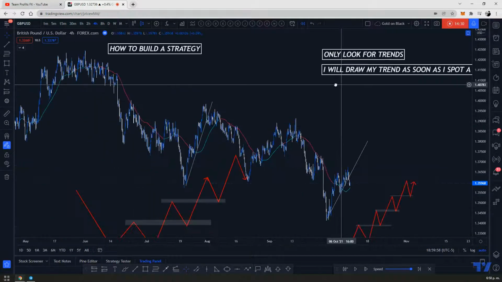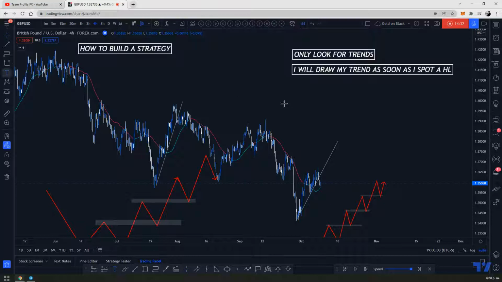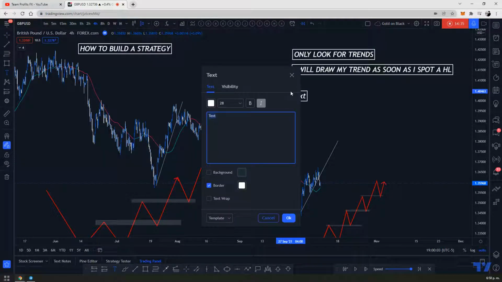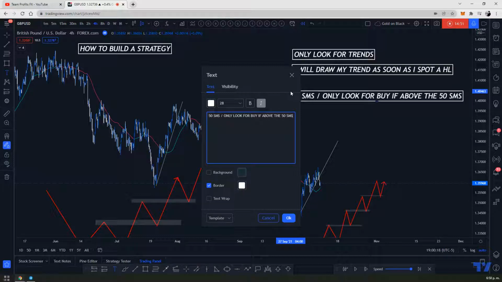Where's your rule? Right. Let's say you're using that indicator, so you can say I'm going to be using the 50 SMA, right? So, all right, 50 SMA. So only look for buys if above the 50 SMA, and only look for sales if, I don't know, if price is below, if below the 50 SMA, right?